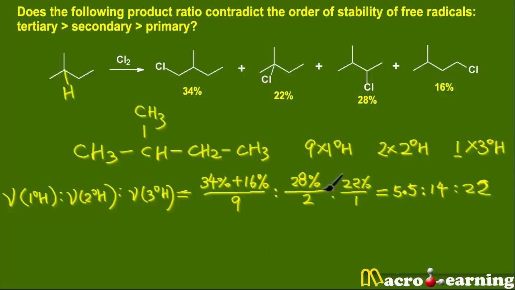Now that we've taken into account these hydrogen numbers, we have made it a fair comparison again. If you look at only these numbers, it's not a fair comparison, because the primary hydrogen is the least reactive, however it was given 9 times more opportunity to react. So no wonder it gave rise to the leading product, 50% total primary halogenation product.